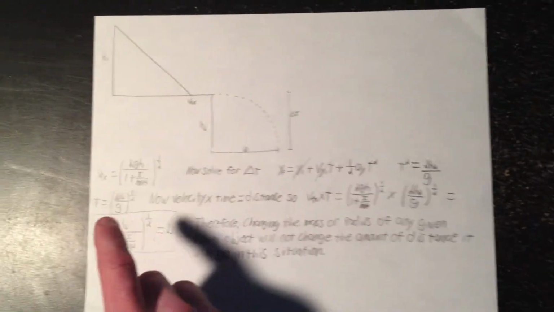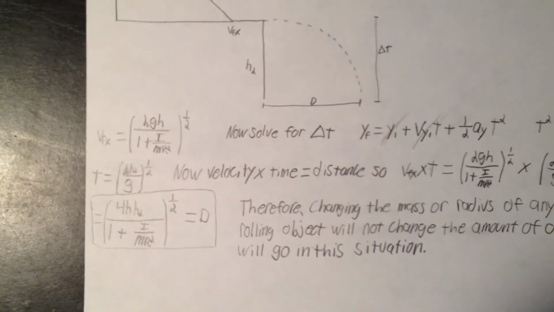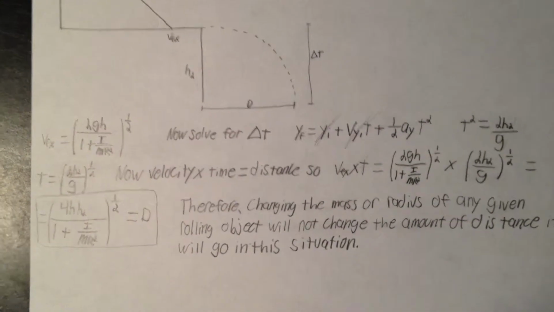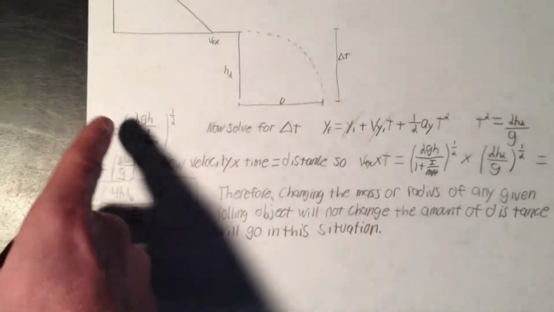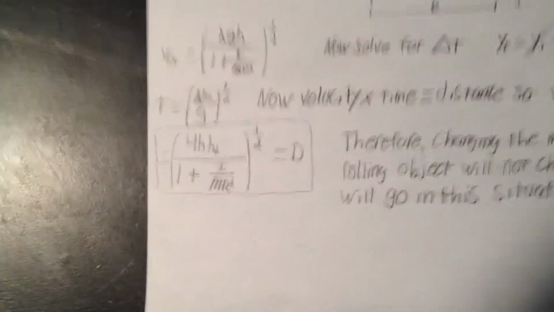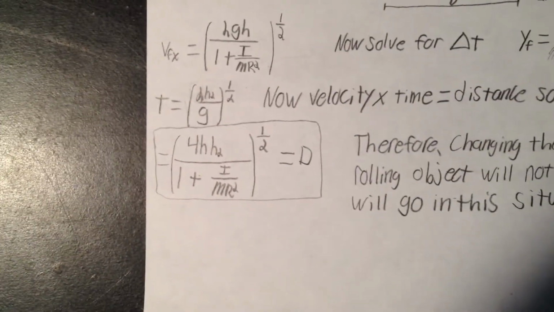Then we get t equals (2h2 over g) to the 1/2. Now since velocity times time equals distance, this times this should give us our distance, the formula for how far each object will go, and we end up with that right there. D equals that.